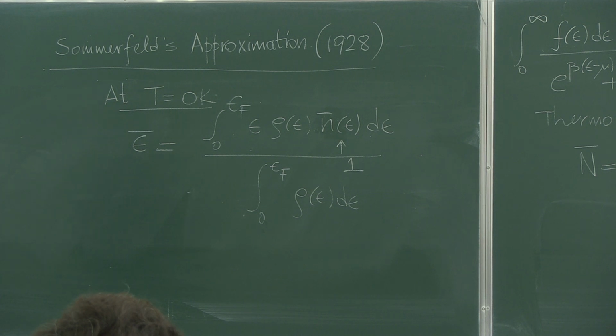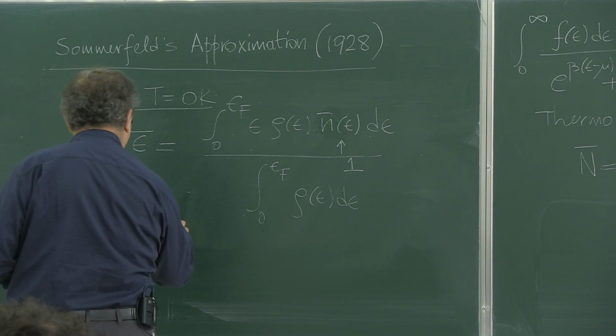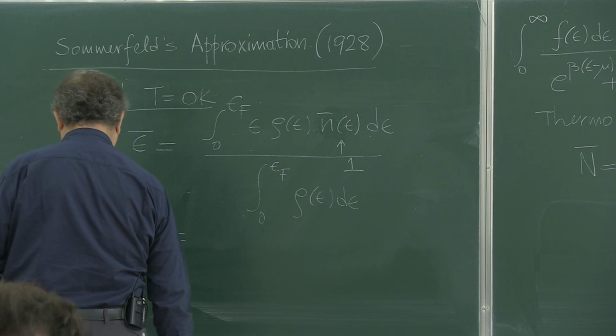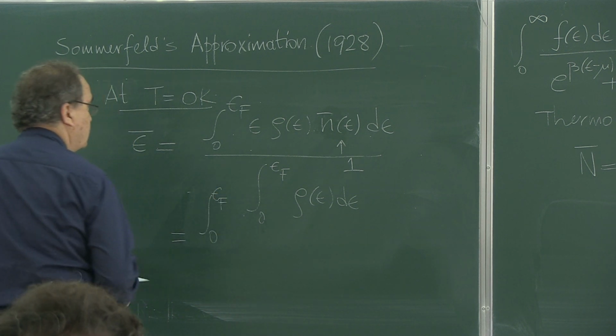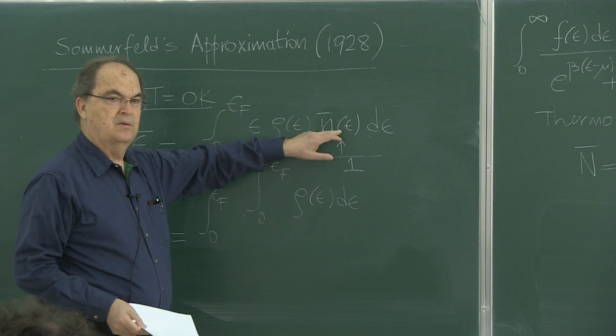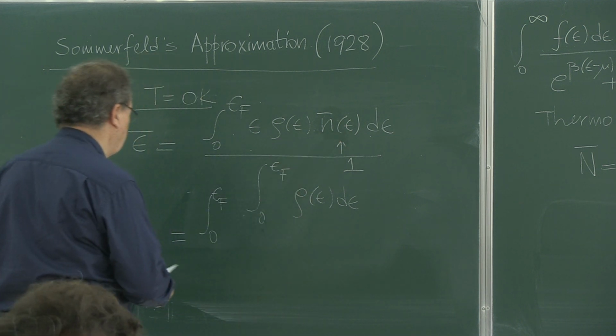So I am taking the average value of energy per particle. That becomes very easy. Integrals are easy because that drops out. The temperature dependence is not included in this limit.